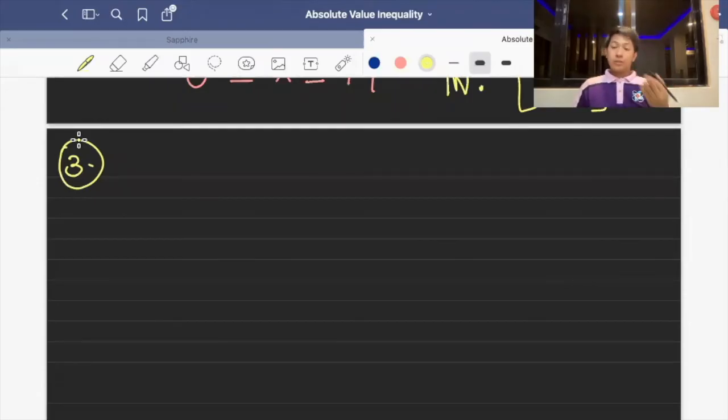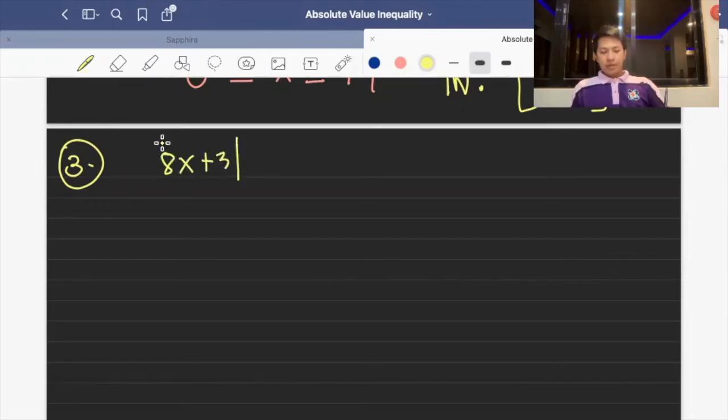We're going to express our answer in interval notation and graph it. All right. Number 3 is the absolute value of 8x plus 3, plus 6, is less than 1.